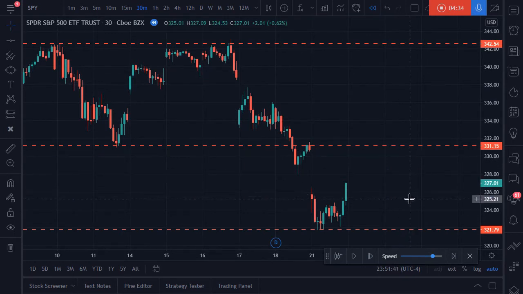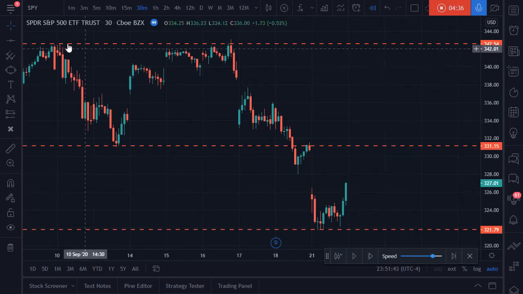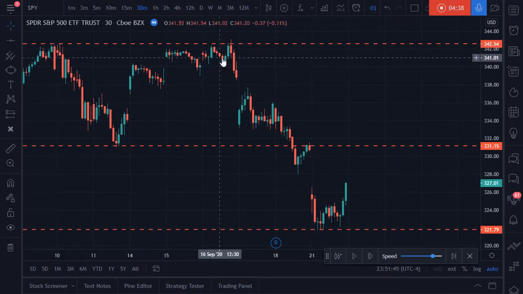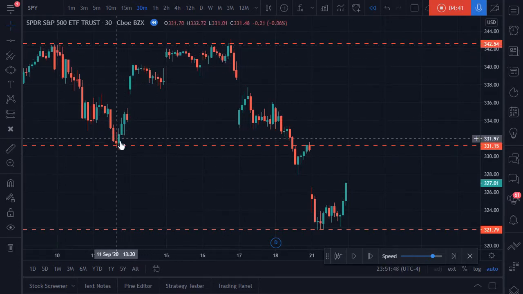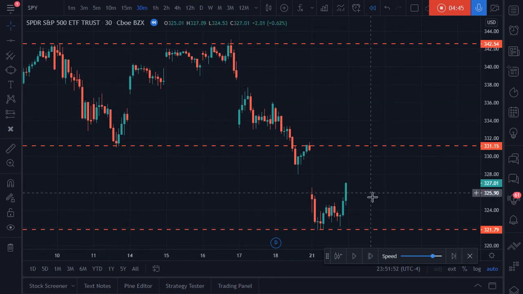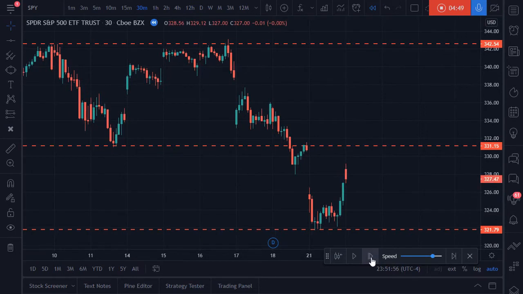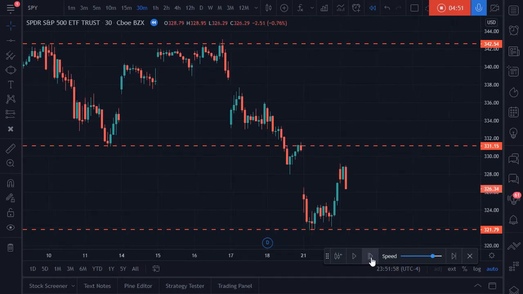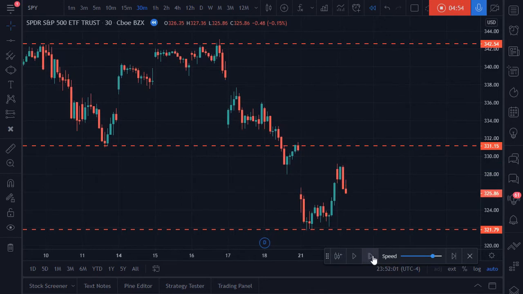Try to look for the major points of inflection. In other words, it's very clear back up here that price was respecting it. It's very clear here that price reversed off it very hard. And here, well, it's yet to be seen, but it looks like it's doing a pretty good reversal. And it is. So let's see what happens when we come back up to this resistance right here.